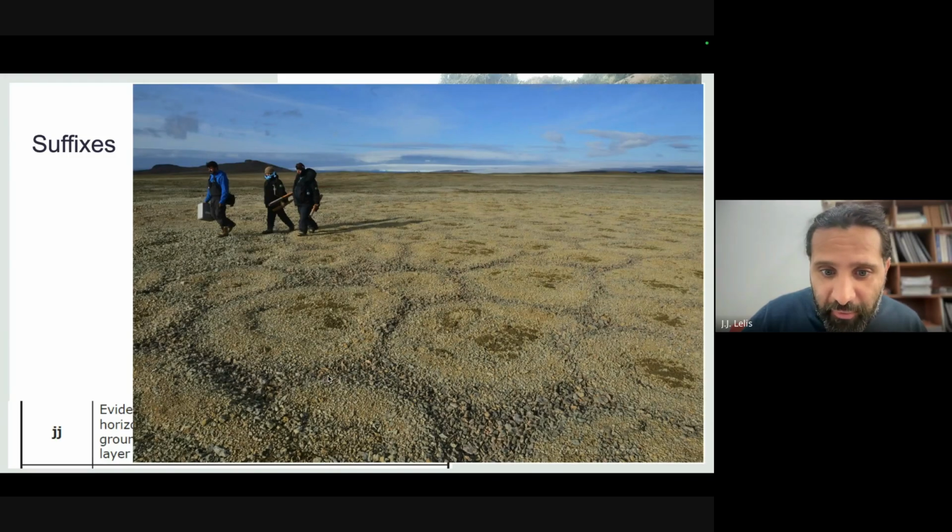So you can see very easily that in the borders of the polygons I have a higher content of gravels, and in the middle, a lower content of gravels and a higher content of clay. These polygons are impressive. You can see the size of the people here and the size of these gravels.